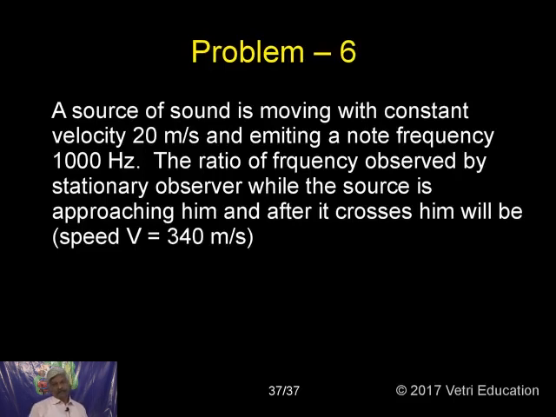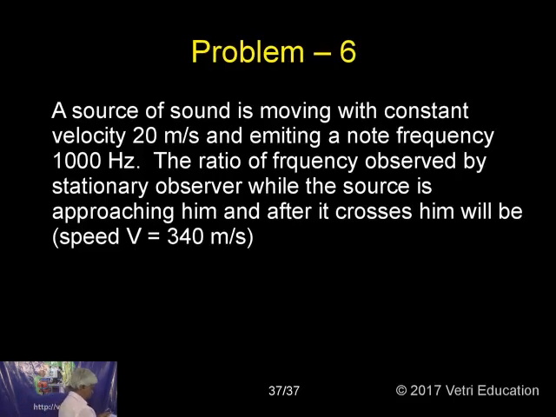When you read the problem itself, in which chapter it comes should immediately flash in your mind. Then only we can solve any kind of problem. Otherwise it is very difficult. If source and observer are involved, you can come to the conclusion that this is nothing but the Doppler effect. I already gave the standard formula for Doppler effect.